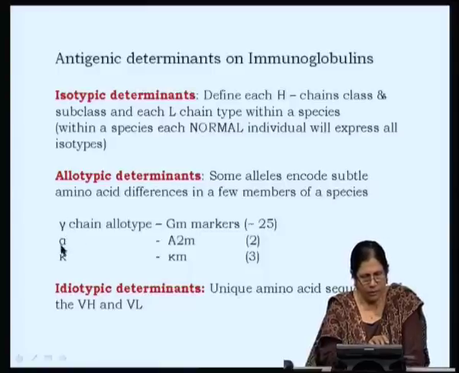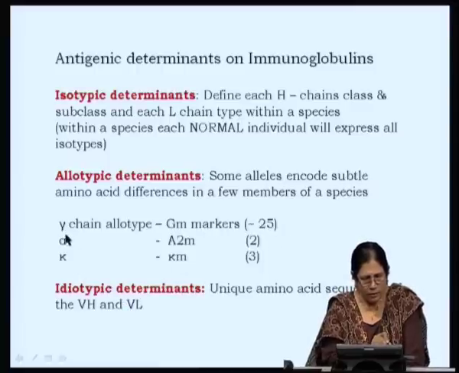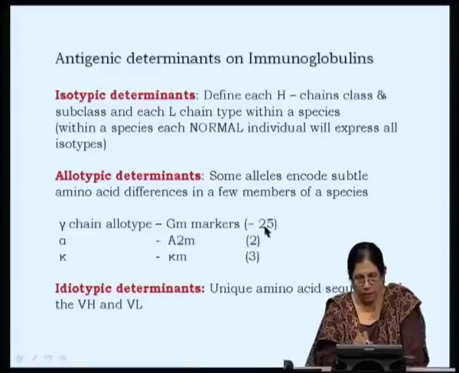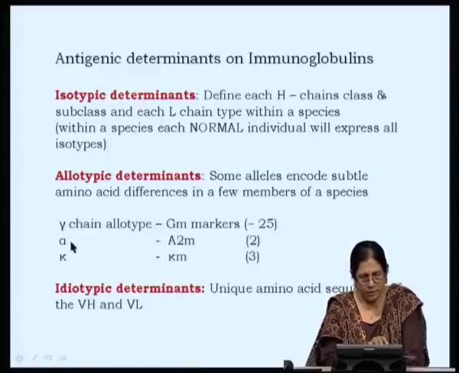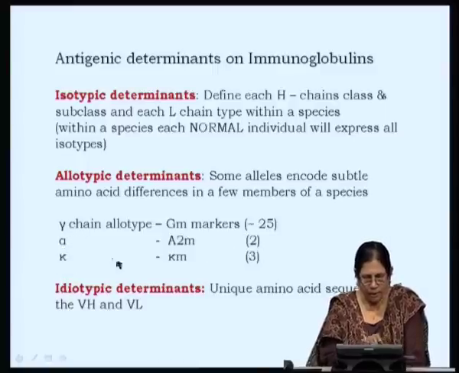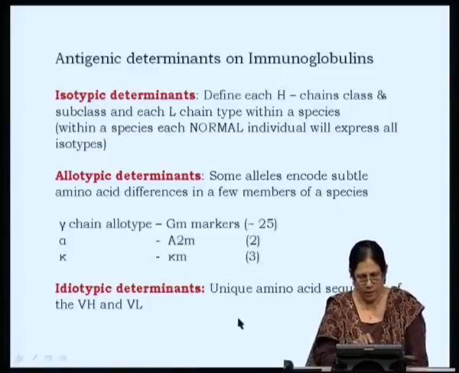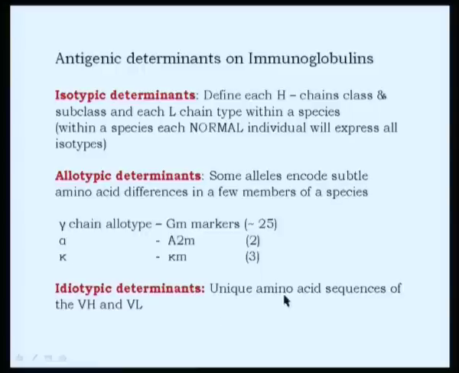Now, these are the ones that are well known, and therefore, I have written them here. In case of human, the gamma chain allotype, there are about 25 such allotypic determinants, and also on IgA there are 2, and kappa light chain there are 3. Idiotypic determinants, I have already said, are those determinants that are formed because of the presence of unique amino acid sequences of the VH and VL.